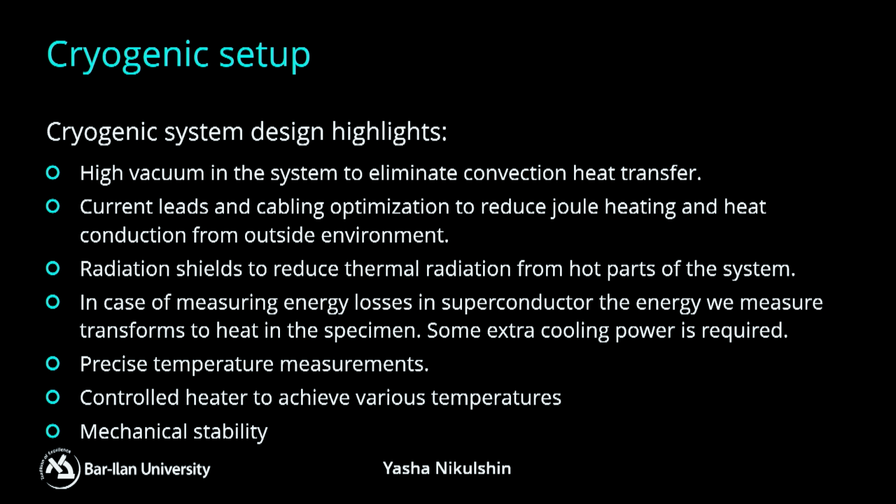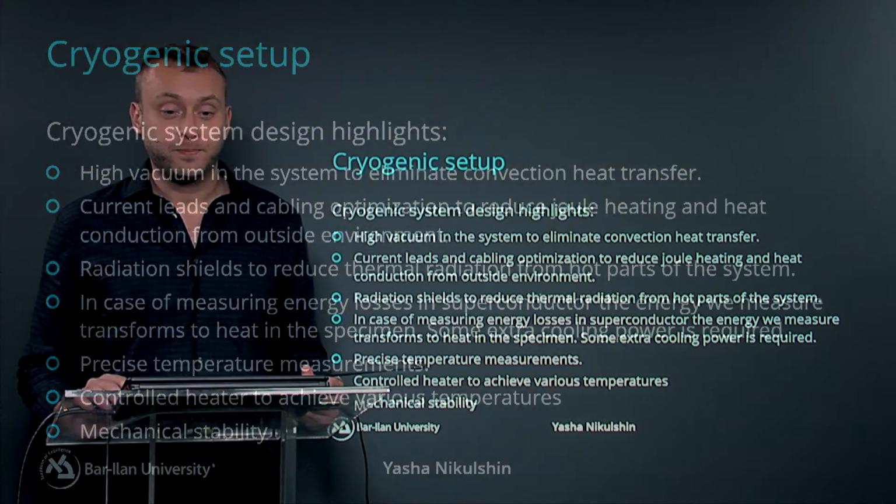In our case of measuring energy loss in a superconductor, this energy loss is transferred to heat, and we need some extra cooling power to absorb this heat. Of course, precise temperature measurements in many points, a controlled heater to achieve various temperatures, and mechanical stability.